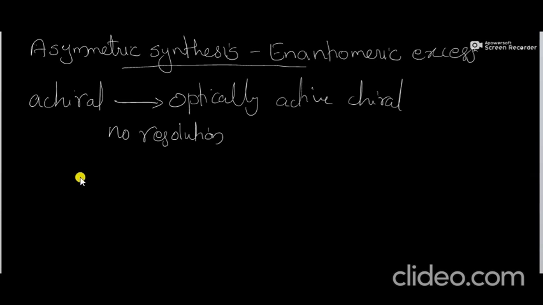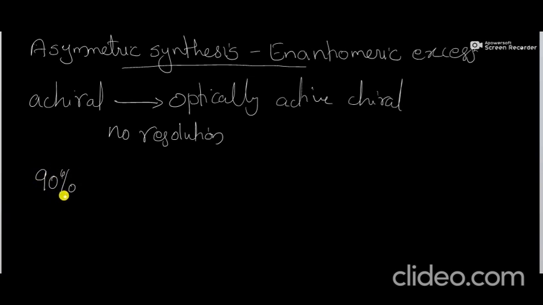The quantity by which one enantiomer predominates over the other in an enantioselective synthesis is expressed in terms of enantiomeric excess. So, enantiomeric excess means the excess quantity of one of the enantiomers. For example, suppose that a reaction shows 90% enantiomeric selectivity.